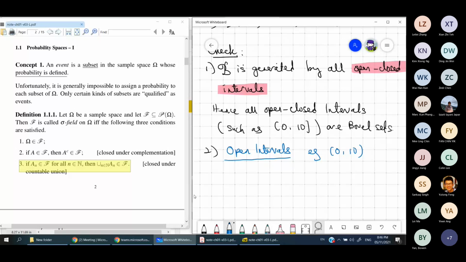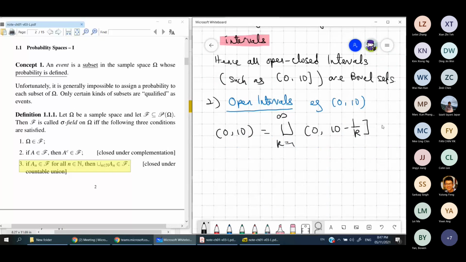So you can see, 0 to 10 can be written as the union of all these intervals: 0 to 10 minus 1 over k. I'm not going to verify it myself, so you go and check it out. You can easily take the union of all these intervals and get the open interval 0 to 10.